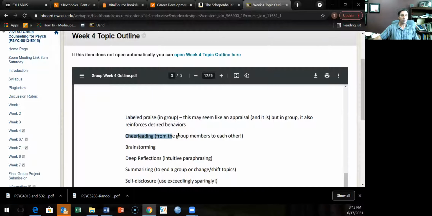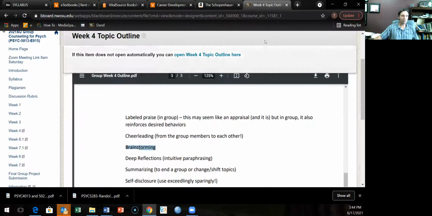Now, cheerleading, not from the group leader but from members, like, you got this. That's okay. Like I said before in our first class, there are times when people just need to be people, and group allows members to just be each other and be supportive of each other. There may be brainstorming, and I've done this as a group leader.